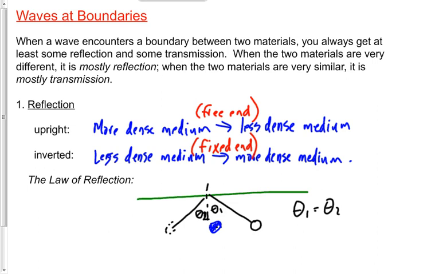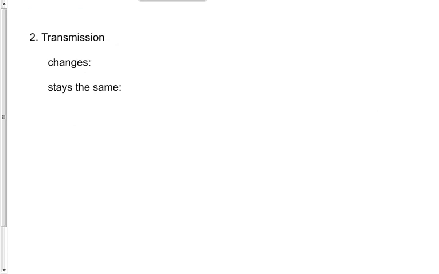We know what happens when a wave hits a boundary and reflects, but there's one more thing that can happen. It can keep going. It can be transmitted. So let's talk for a second about transmission. When a wave goes from one medium to another, there's a few properties that will always change for that wave.